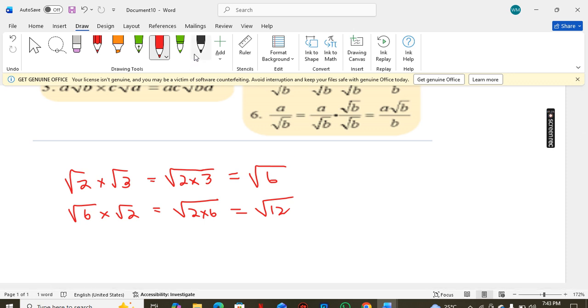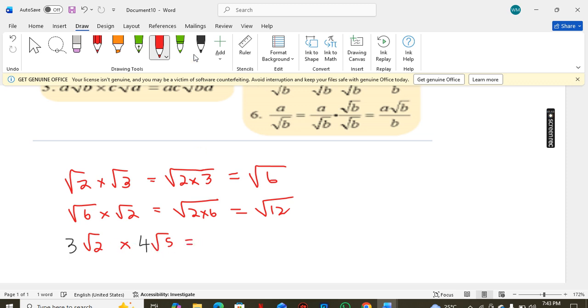Now we're going to include numbers also. So they say 3 root of 2 multiplied by 4 root of 5. Okay. So here what's going to happen is you're going to multiply the numbers individually and the surds individually.